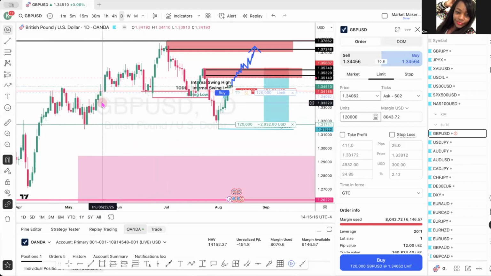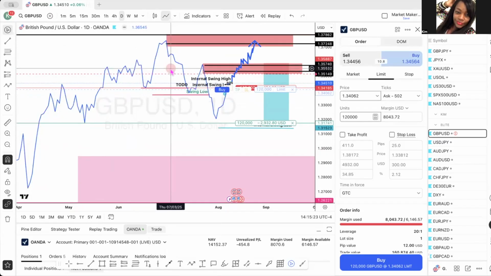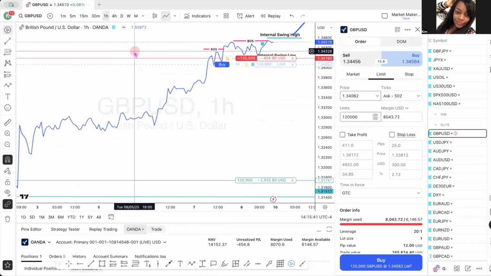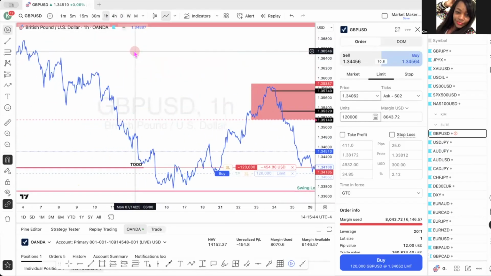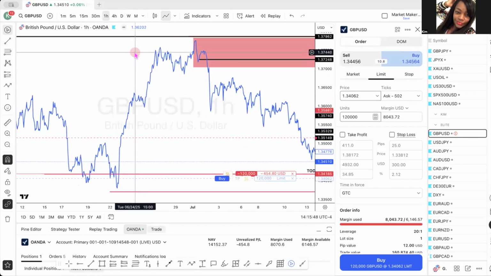All right. So if I go to Todd's line chart, okay, so he used this as his breakup structure, because that's the body open and close of the candles that are right here, right? But if I go down to the 1 hour, that has changed, right?